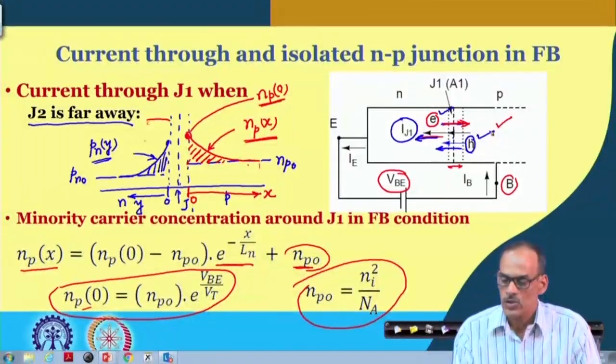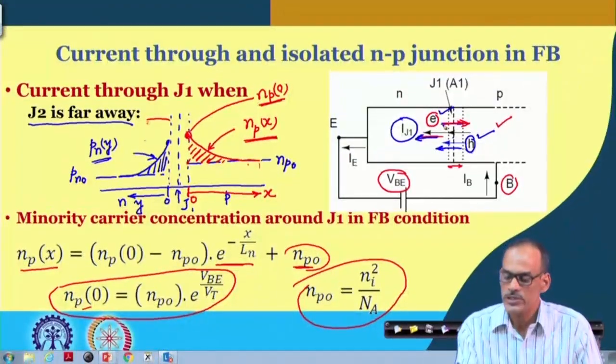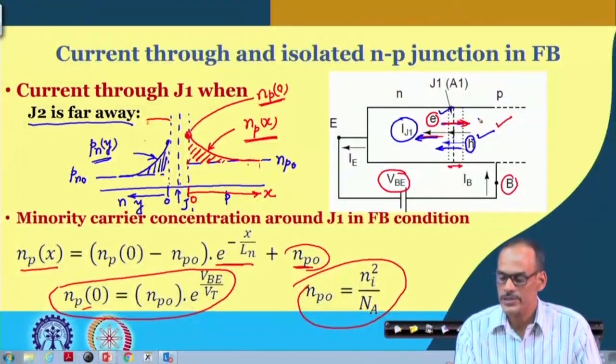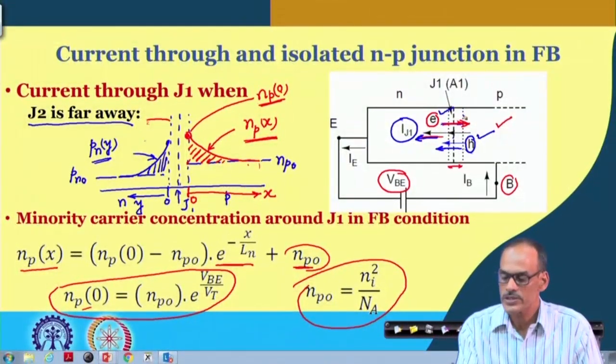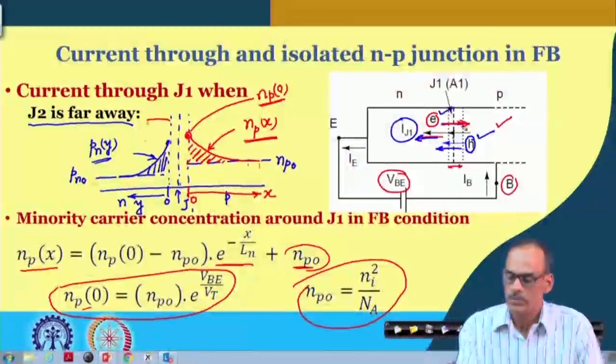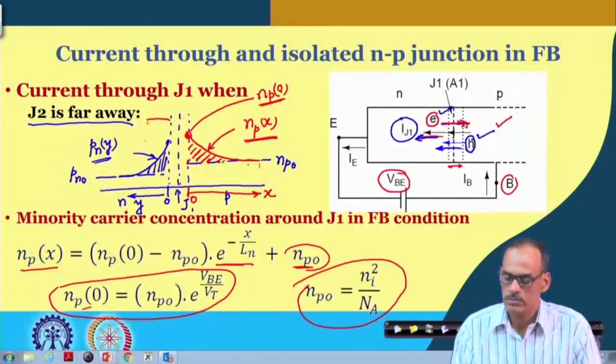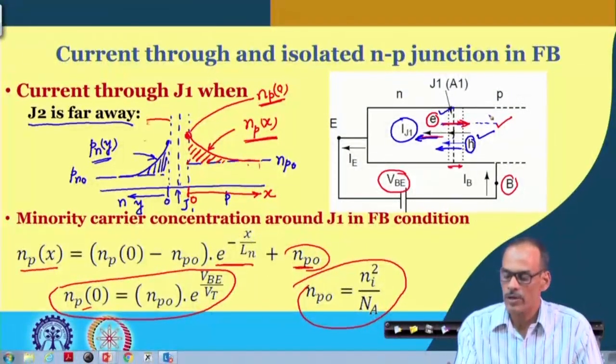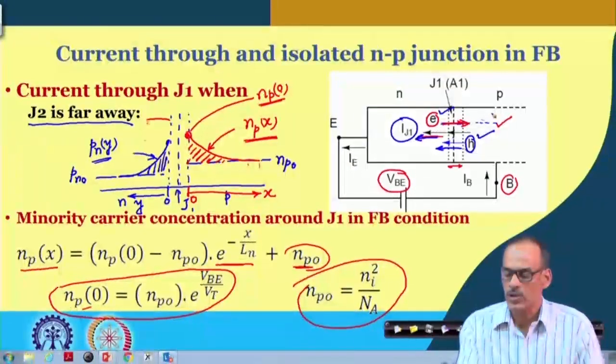And as the electrons are moving into the base region, at the edge, most of the current is carried by diffusion kind of movement of the charge. As it progresses inside the p region, since a lot of holes are available, these electrons may get recombined.